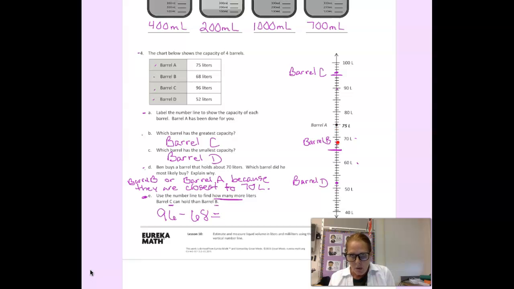Okay, so I can count 5, 10, 15, 20, 25, 26, 27, 28. So the difference is 28 more liters.